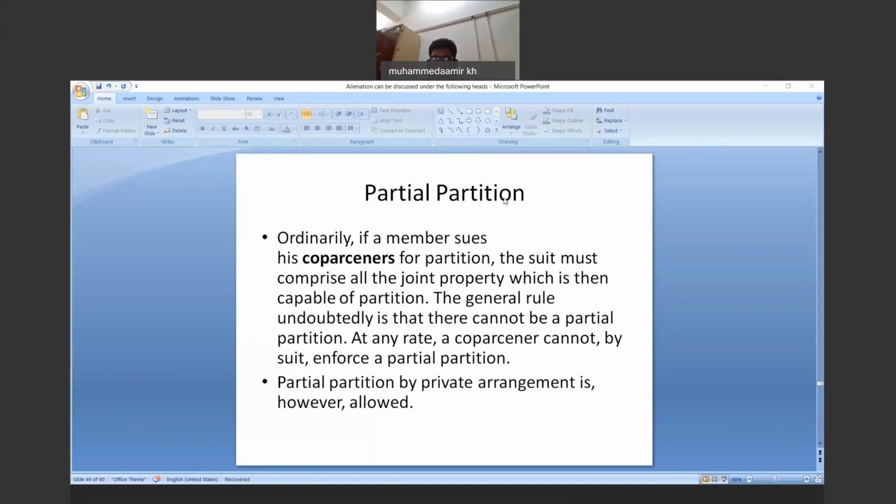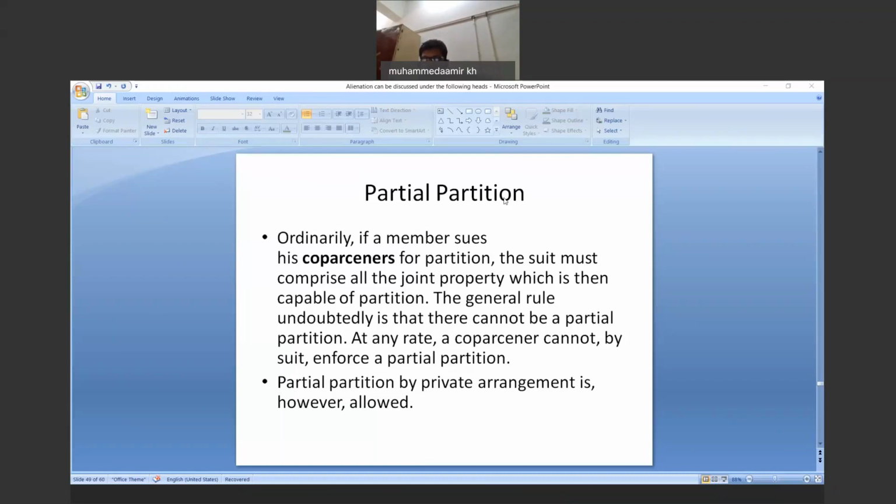Before I start the concept of partial partition, I would like to connect it with the concept of partition. We have seen that partition is nothing but severance of status of a joint Hindu family, which is also known as a Hindu undivided family.